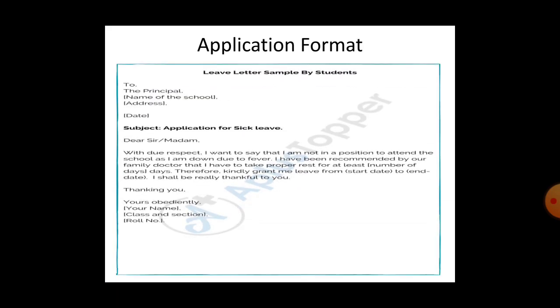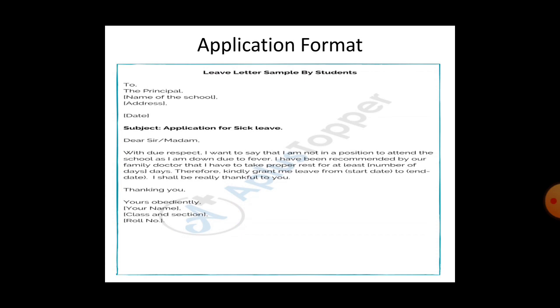And here comes the format of the application. So first of all, you see the point on the top, that we write here in order to mention the designation of the person to whom we are writing the application. And here comes the principal, and you can also write headmaster or headmistress.